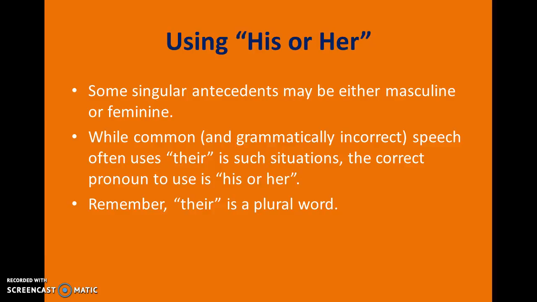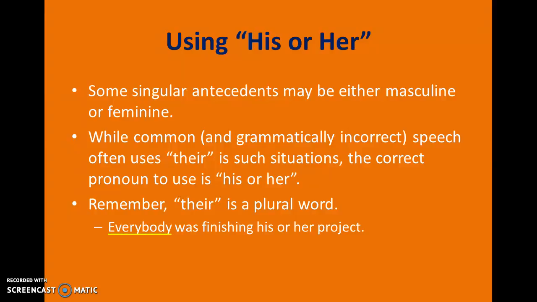So, for example, you might hear a sentence like, everybody was finishing his or her project. And in common everyday speech, a lot of people would say this as, everybody was finishing their project. But because the subject is everybody, everybody meaning every single person, making it a singular subject, that means that using their as a pronoun would be incorrect, and you want to instead use his or her.